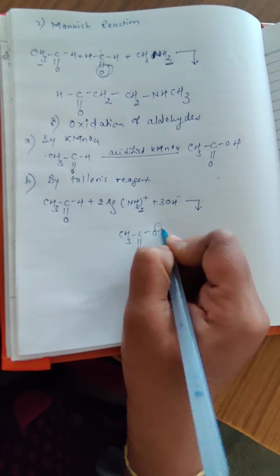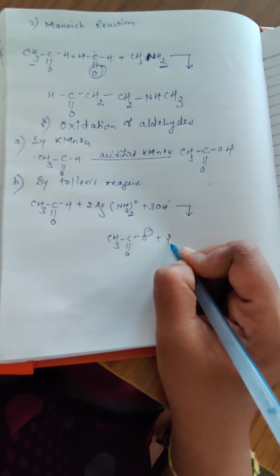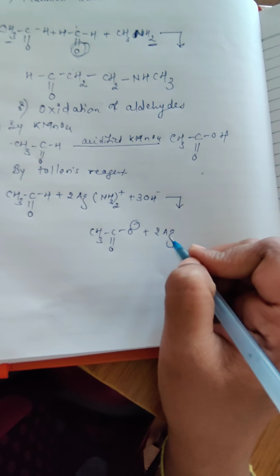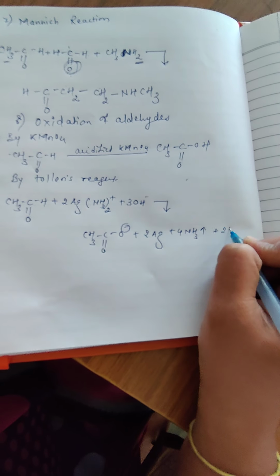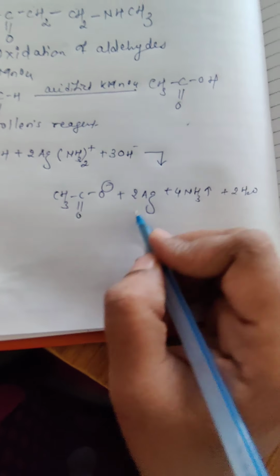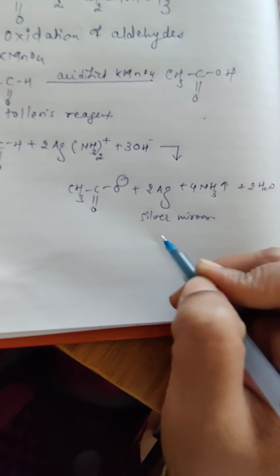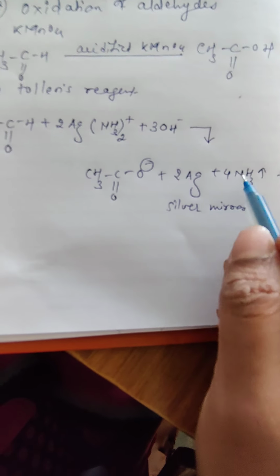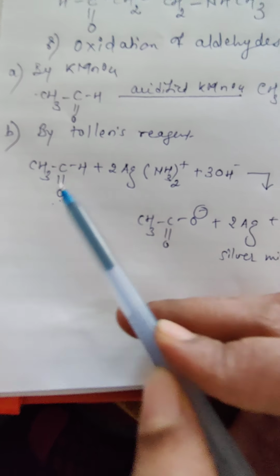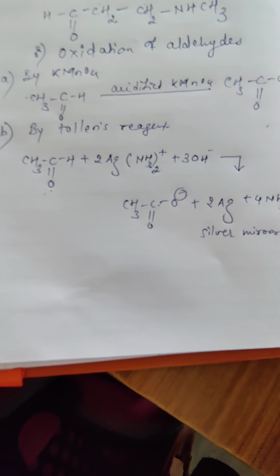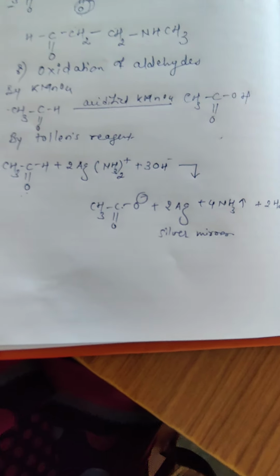So we are writing here, and the remaining Ag gets reduced to only silver, ammonia is removed here, and also a water molecule is removed here. So here we get a silver mirror, and therefore the reaction is called the silver mirror test. But actually it is an oxidation of acetaldehyde or any aldehyde to acid. So this is about oxidation by using Tollens reagent.